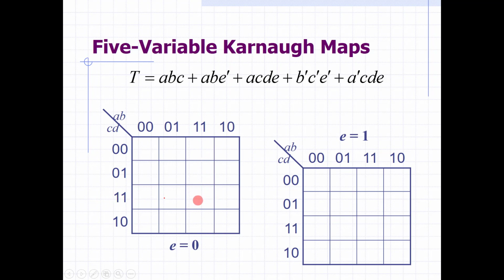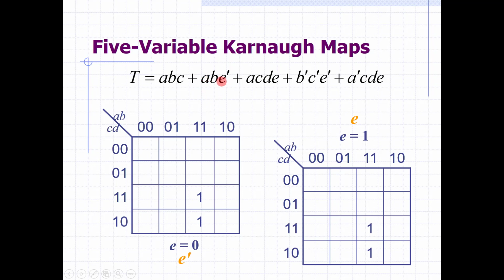It's in this row and the last row. So these 2 spots. But I also have to do the same thing in the other table because it doesn't matter what E is. I know that if A, B, and C are 1s, a 1 goes in the table.